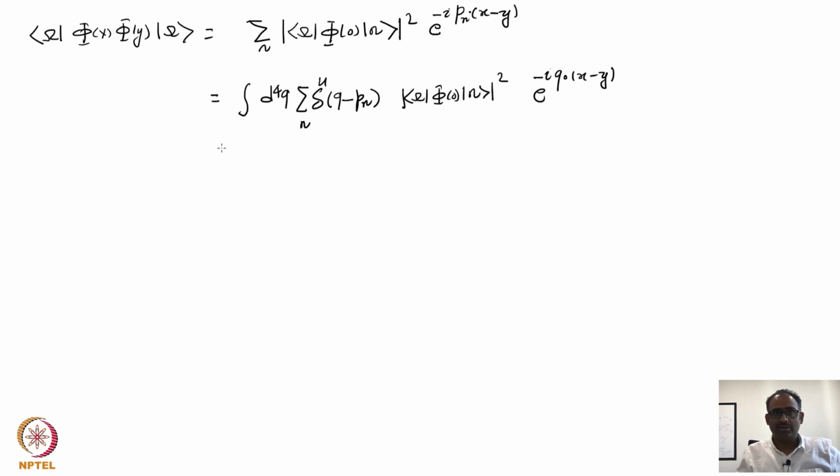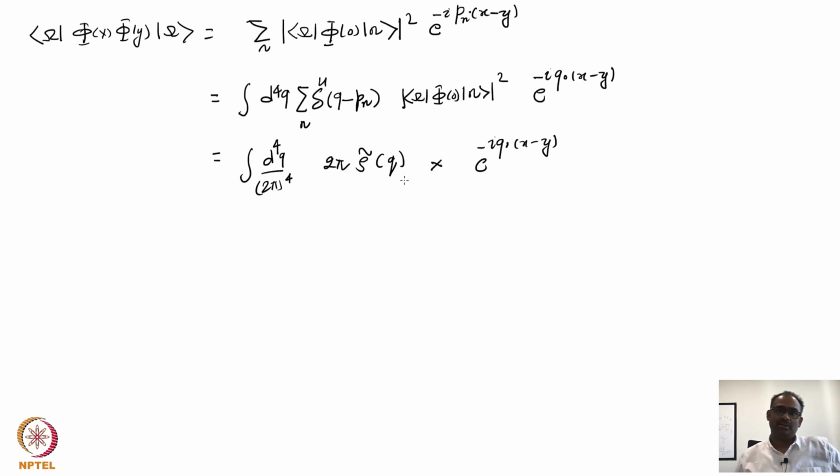And this I will write as d^4q over (2 pi)^4, then you have e to the minus i q dot (x minus y), and then whatever is here, the remaining factors, I call them 2 pi times rho tilde of q. That is the definition.